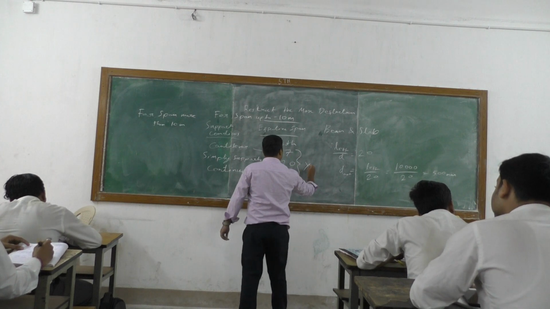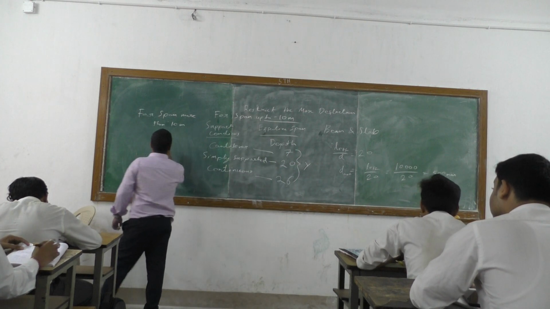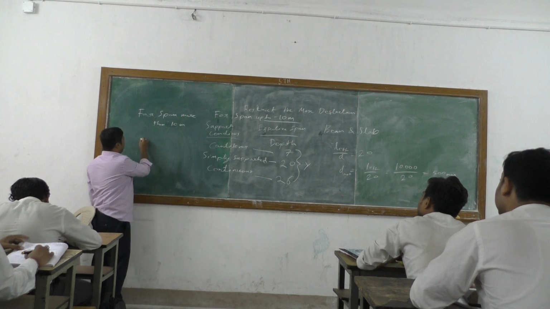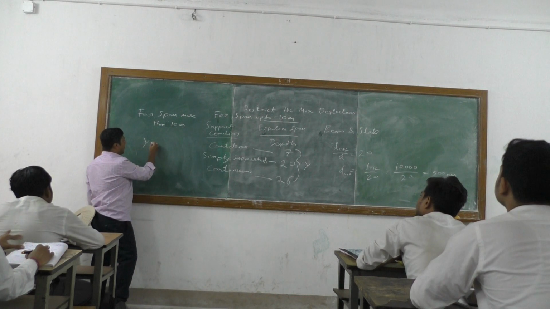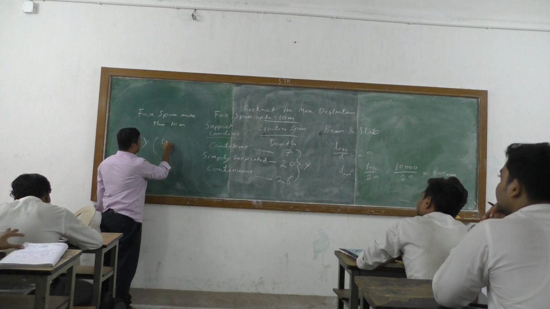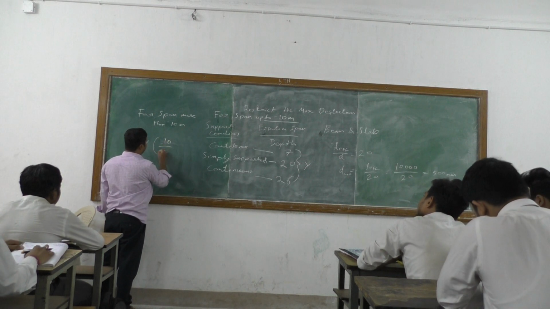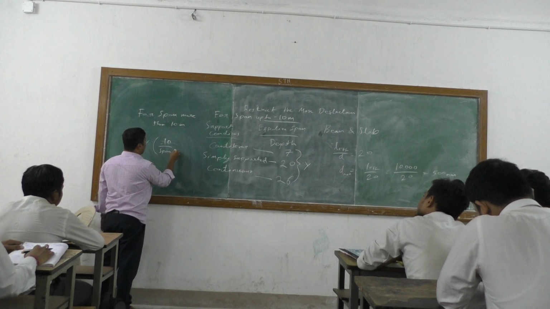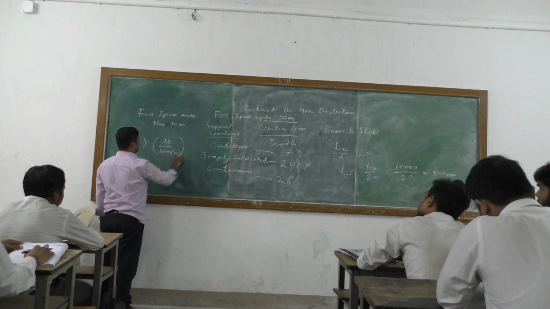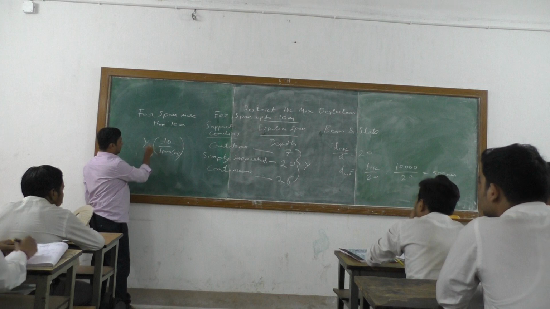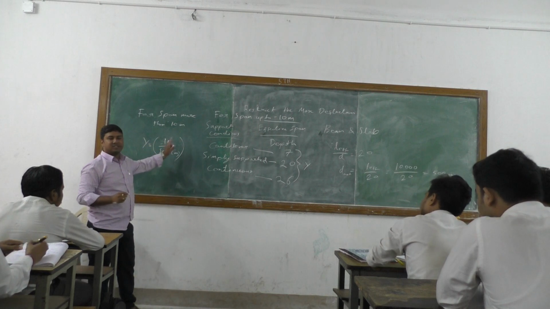The IS code is saying that this factor can be multiplied with the span ratio, 10 by span, and the span should be taken in meters.